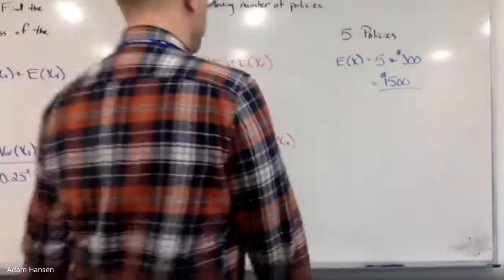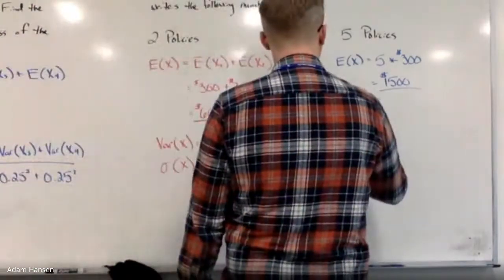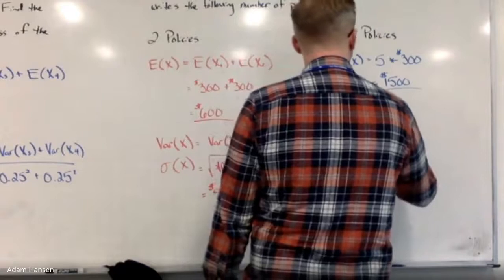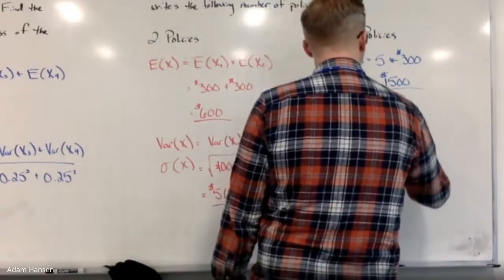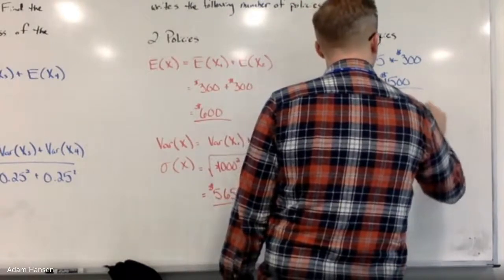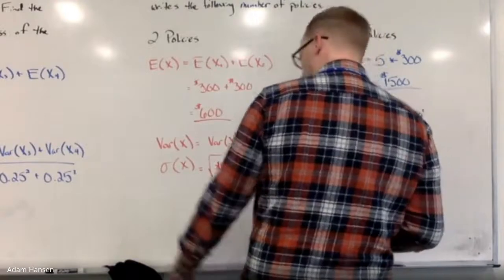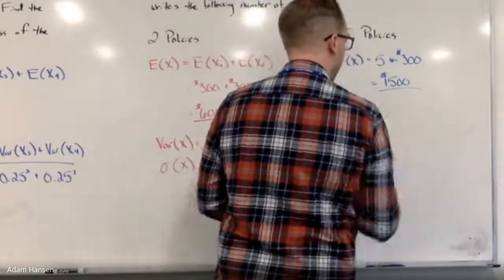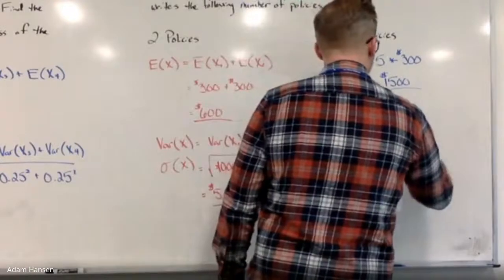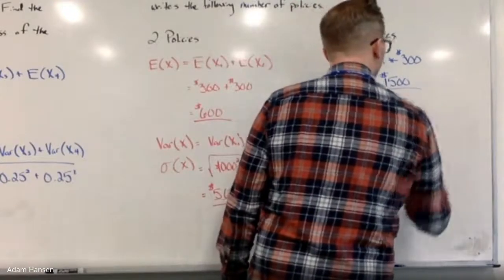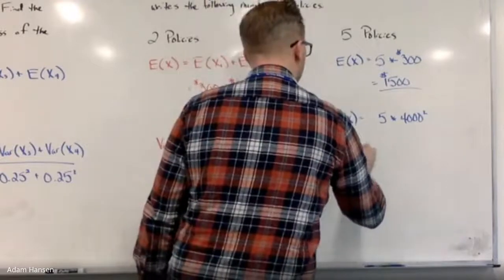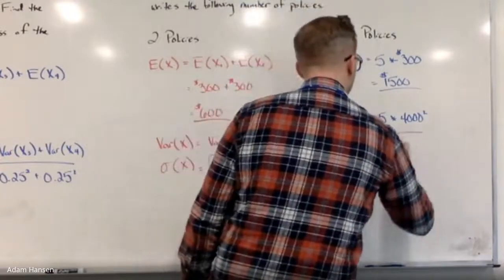The variance of writing 5 policies would be 4,000 squared plus 4,000 squared, and so on 5 different times. In other words, 5 times 4,000 squared. Standard deviation of that is just square roots.